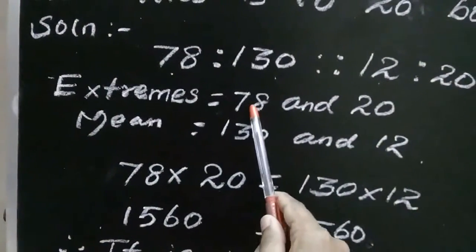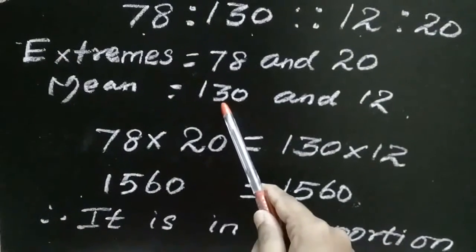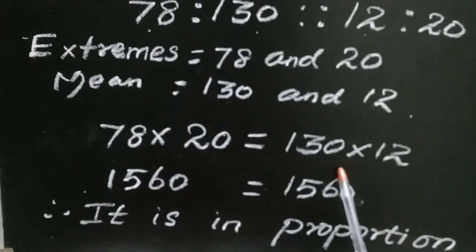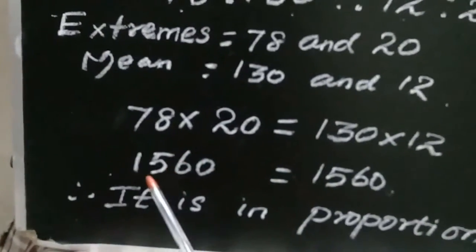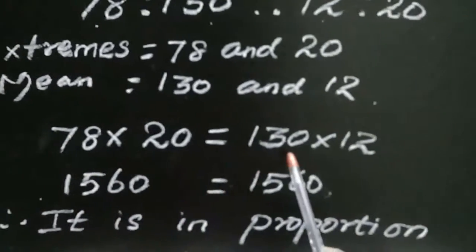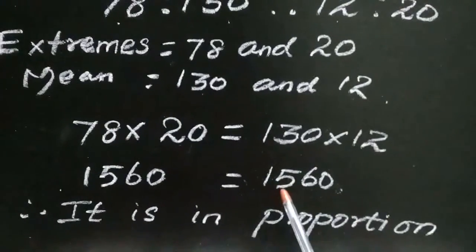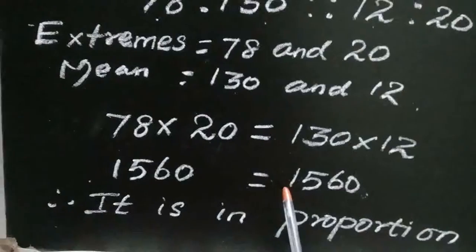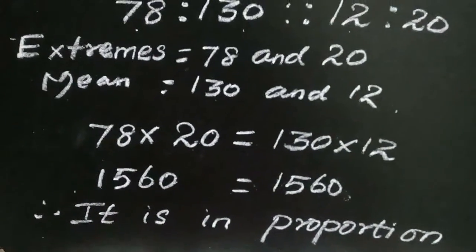That means 78 into 20 is equal to 130 into 12. 78 into 20, the answer is 1560. 130 into 12, the answer is 1560. So both answers are equal, therefore it is in proportion.